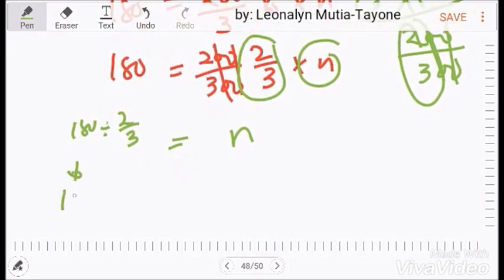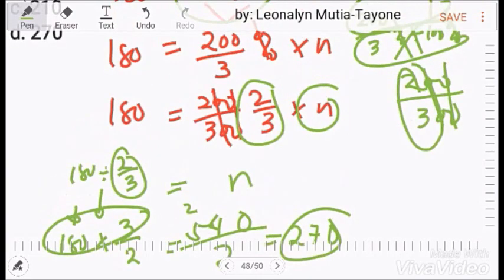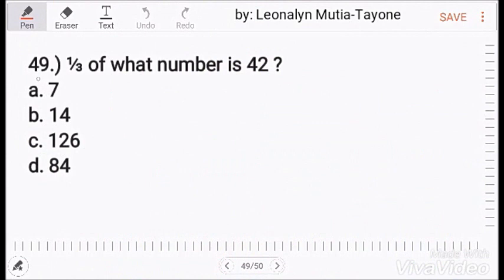So, 180, ang division maging multiplication, ang 2/3 ay ang reciprocal niya ay 3 over 2. So, this is 540 divided by 2, and the answer is 270. So, letter D.